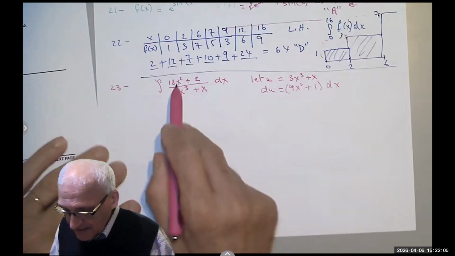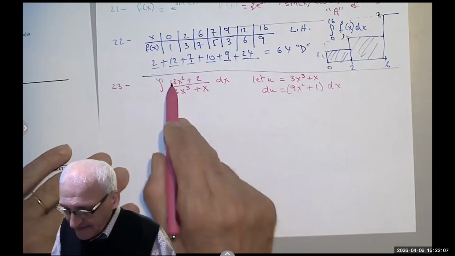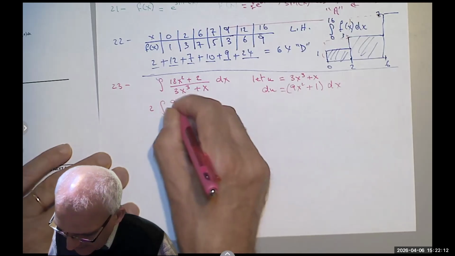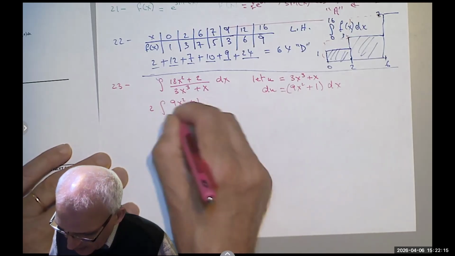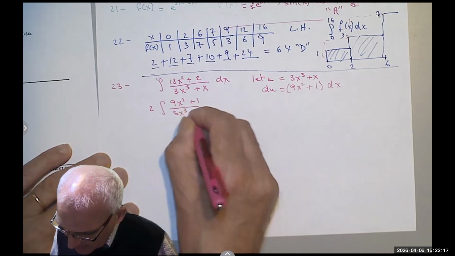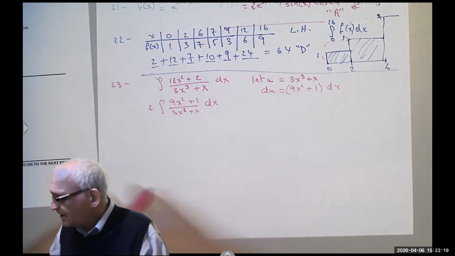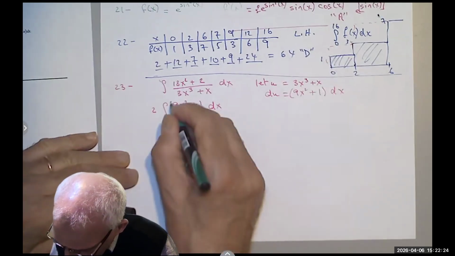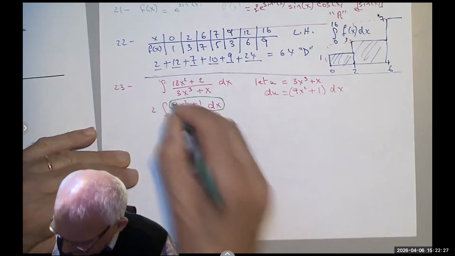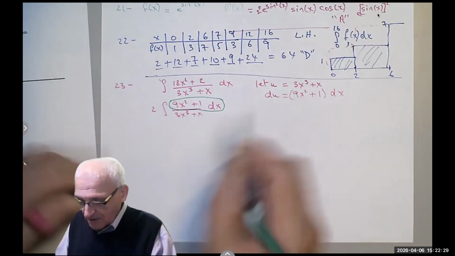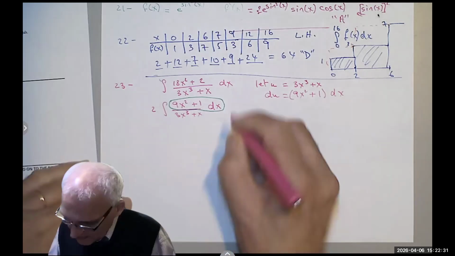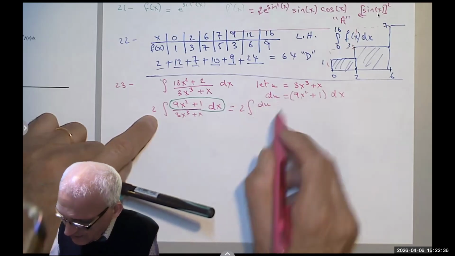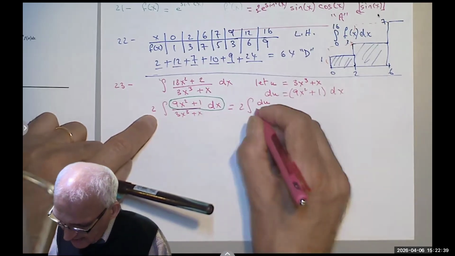Now you see the numerator has 18 and 2, so I can factor out 2 and say this is 2 times the integral of (9x squared plus 1) over (3x cubed plus x) dx. Now this quantity right here, (9x squared plus 1) dx, is du. So that becomes 2 times the integral of du over u, since 3x cubed plus x we already said is u.